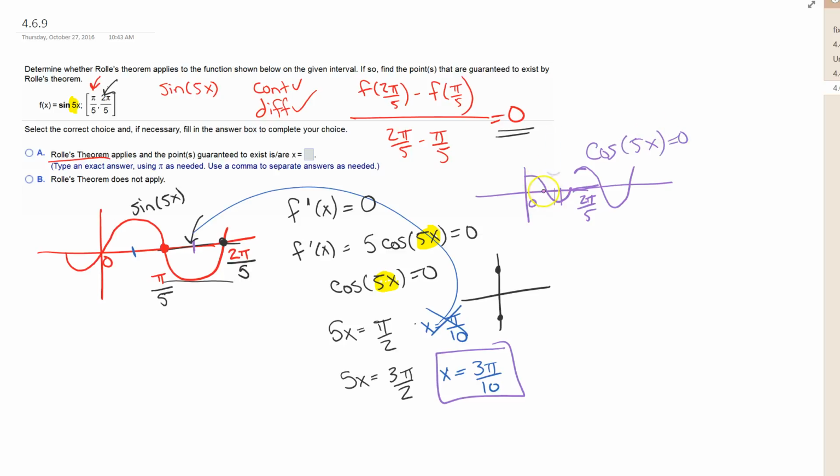Sorry about that. So this point here would be pi over 10. And then this point here would be 3 pi over 10. And that is actually the solution in this interval. So hopefully this helped. If you have any other questions, please let me know.